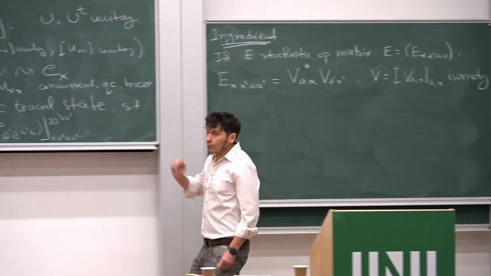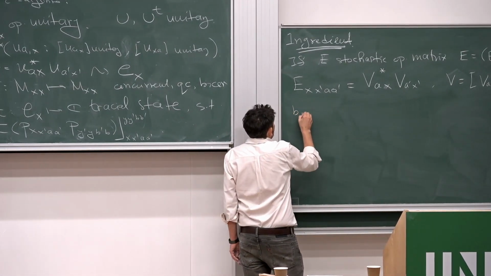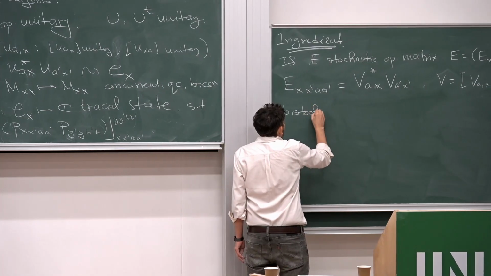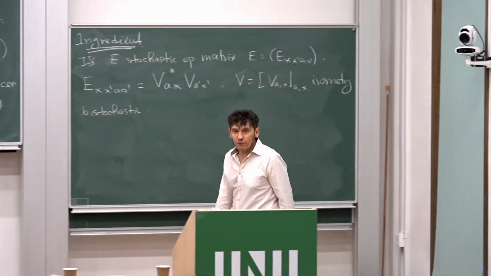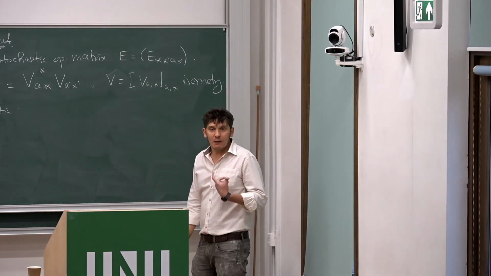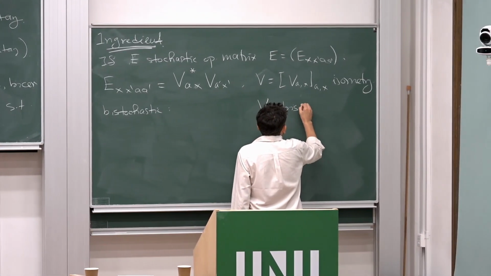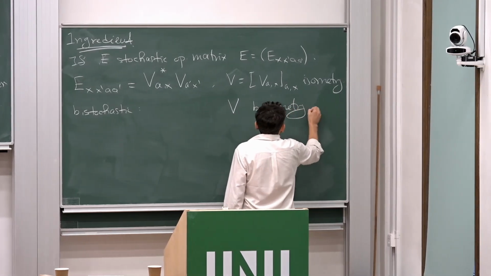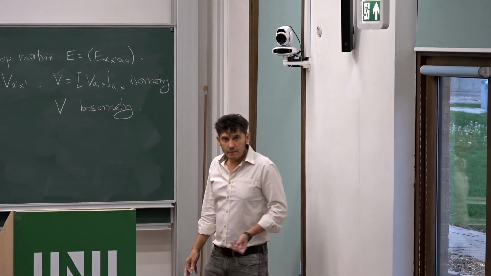If you now have bicorrelations, in other words, bistochastic, you will have the same formula, but V will be required to be a biisometry. So V is a biisometry, and this means that both V and the transpose of V are isometries.